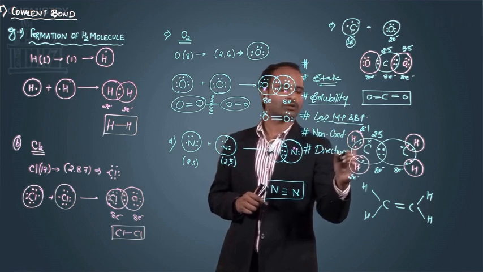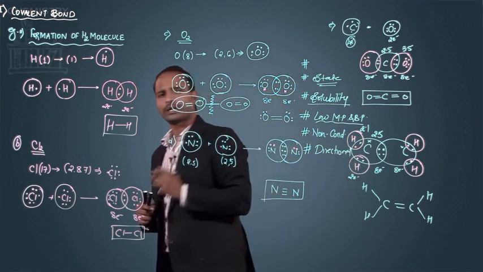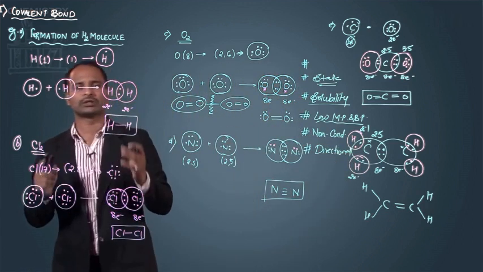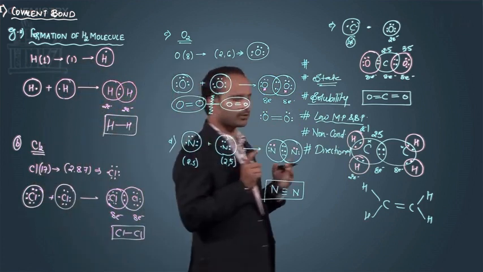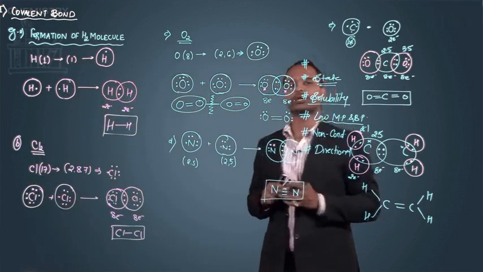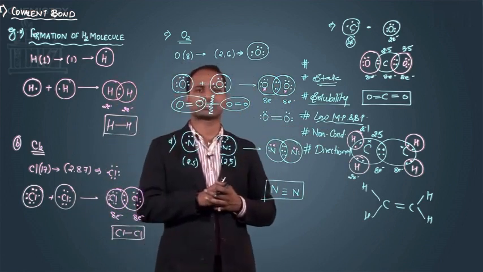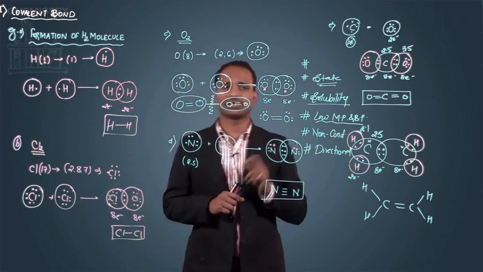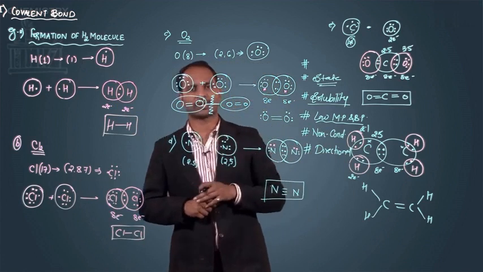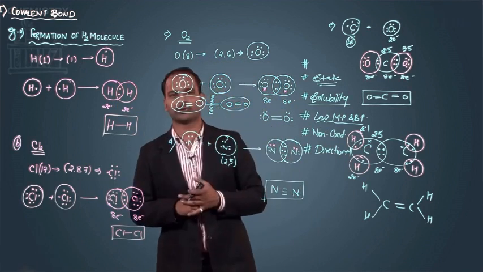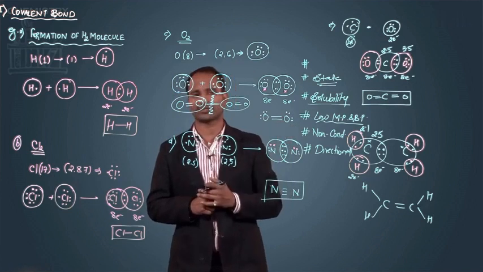In the case of a covalent bond, the bond is always formed in a particular direction; the orbitals or atoms are properly oriented. Therefore the covalent bond is always considered a directional bond, while the ionic bond was considered a non-directional bond. So this is about the covalent bond, how it forms and what its characteristics are.